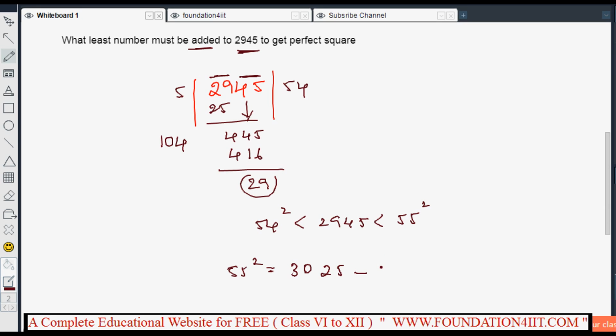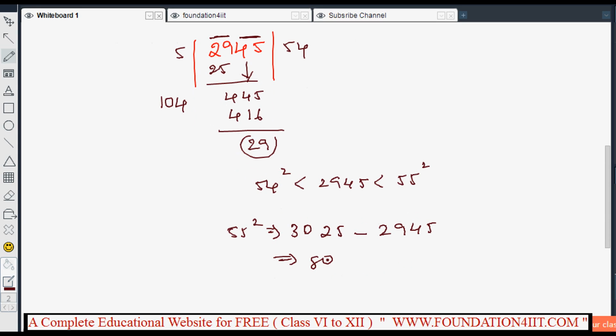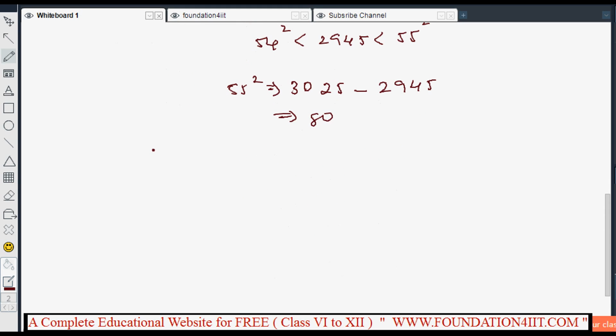From this, 2945 you subtract, that is equal to 80. Now if you add 80 to the previous number, the 80 extra came. Therefore the square root of the result number, that means 2945 plus 80 is equal to 3025, is equal to 55 square. So the square root of the result number is 55.